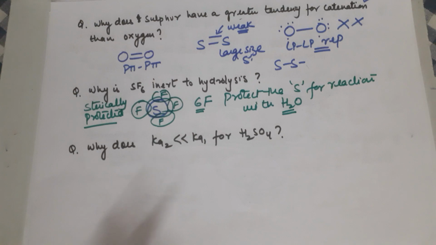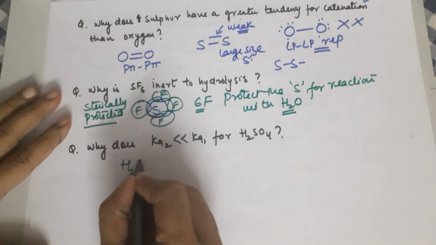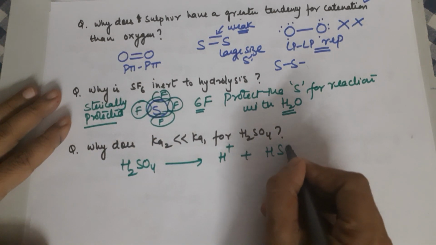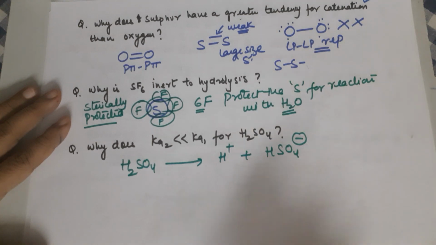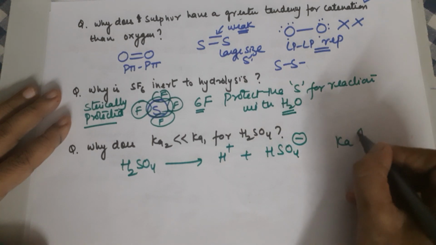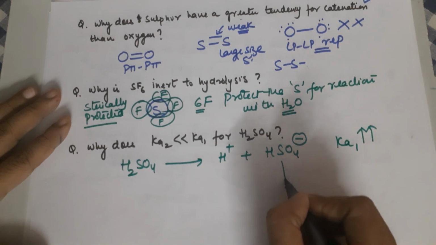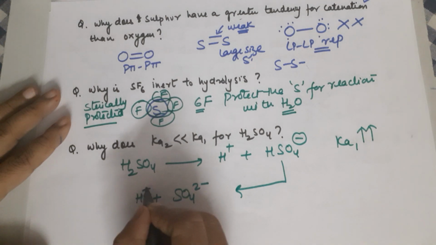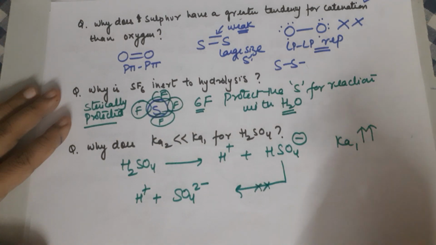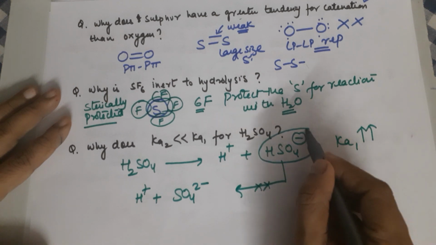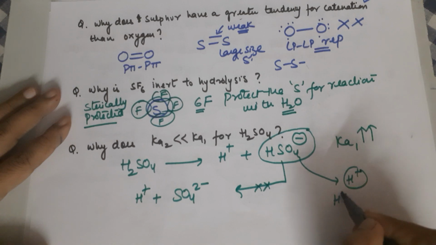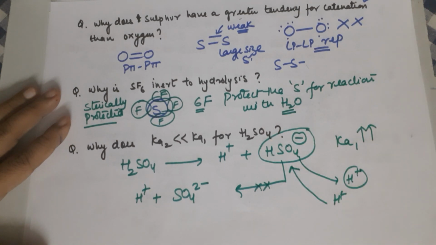The last question with which I will end the class. Sulfuric acid can lose 2 hydrogens. So your H2SO4 in the first step loses 1 hydrogen ion to liberate bisulfate, and there is a Ka value which is large. Now if you want this to change into SO4 2 minus and leave a proton, this becomes difficult. The reason is a negative ion cannot liberate H positive, it would rather attract the H positive.